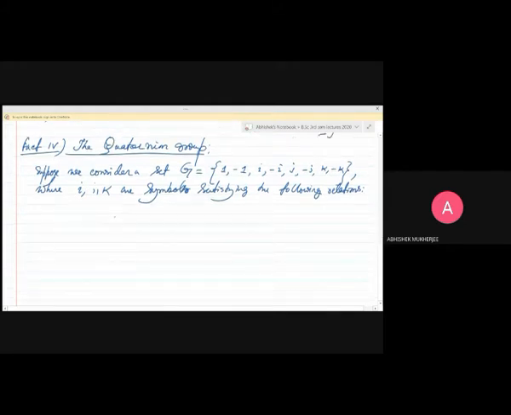If you consider i square, i square means just put i consecutively, i i. So this will be minus 1. You are defining these relations, that if you put i and i together, then this will be minus 1. And the similar thing will happen to other symbols also.